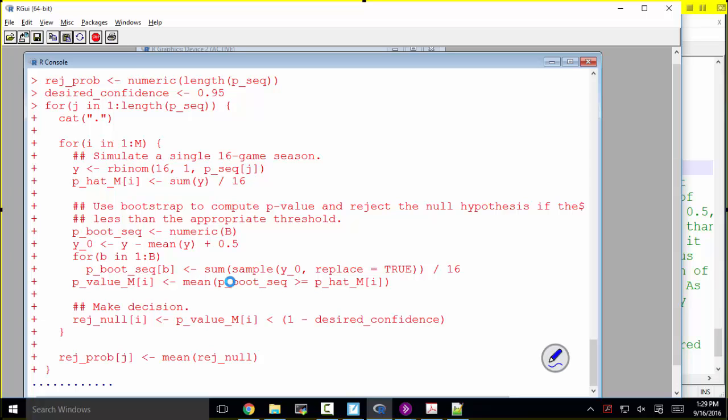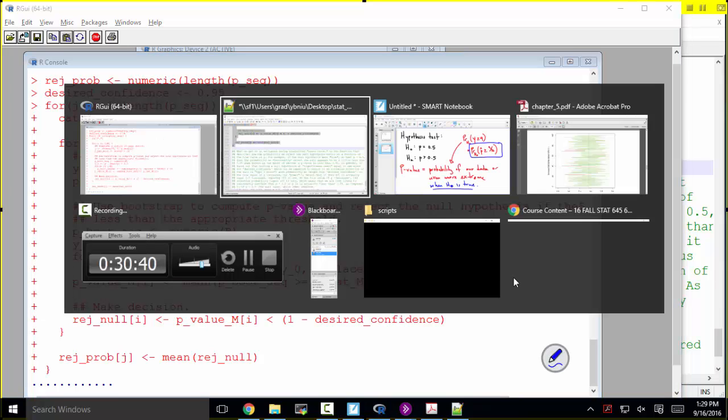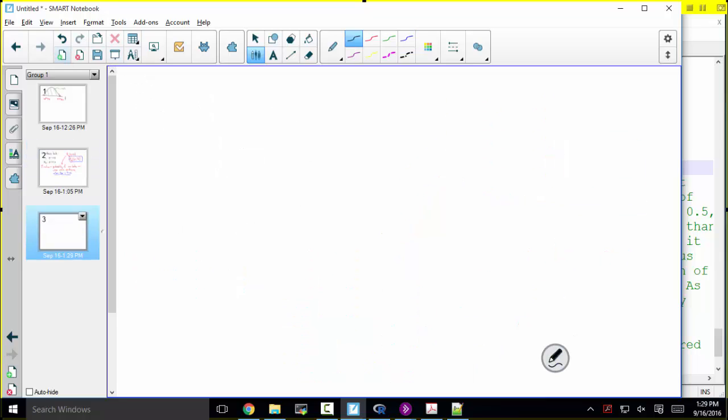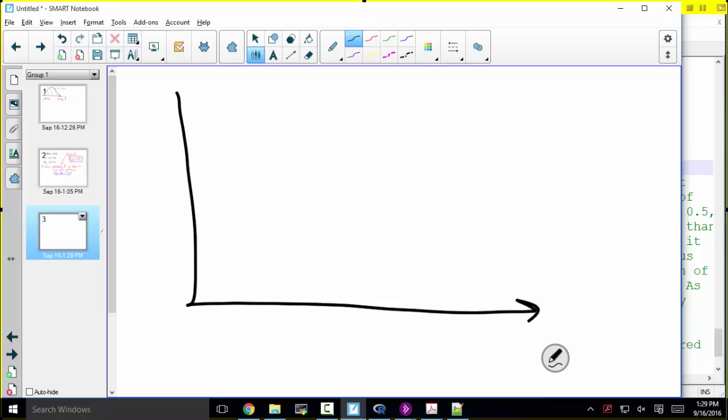What we're going to see is a picture like this. Here's the true value of p. Here is rejection probability. The probability that under these different choices of p, you would reject the null.